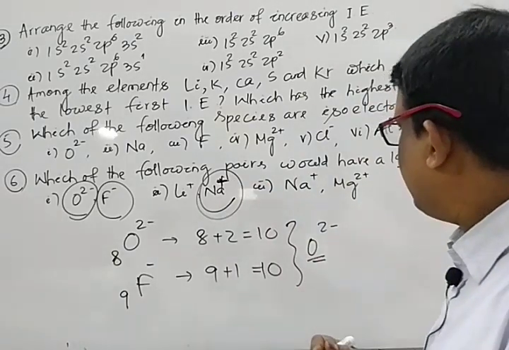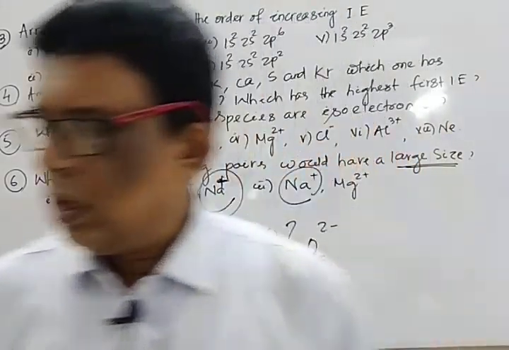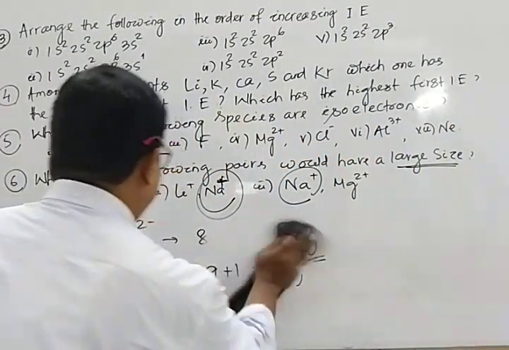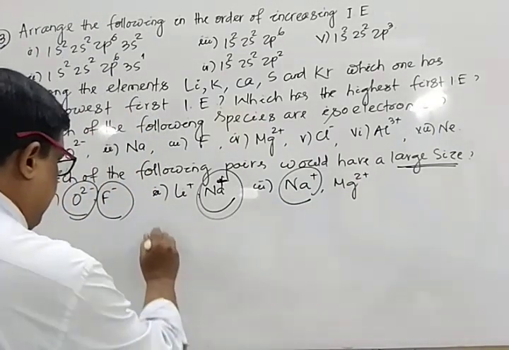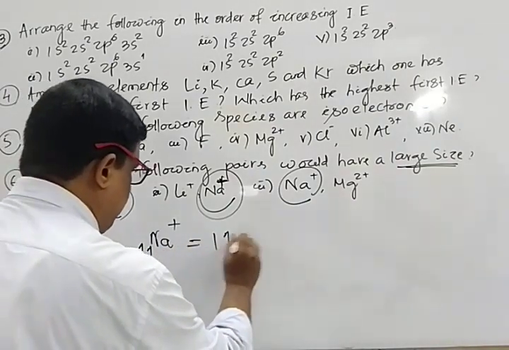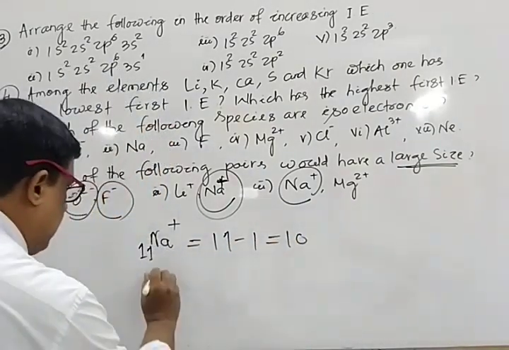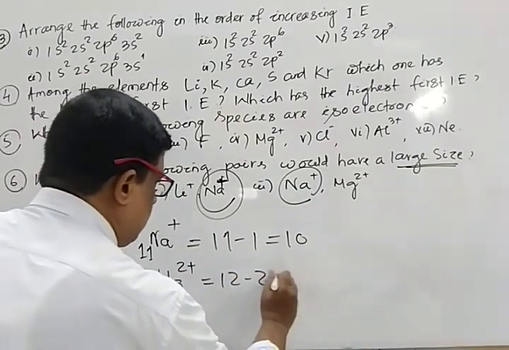And move to the third one. In the third case, Na plus means number of electrons is 10. Mark that. In Na plus atomic number is 11, that means 11 minus 1, number of electrons 10. Mg2 plus, atomic number 12, 12 minus 2, that is 10.